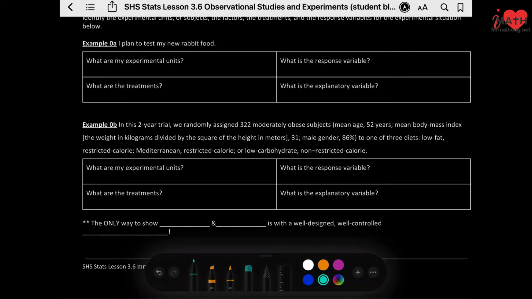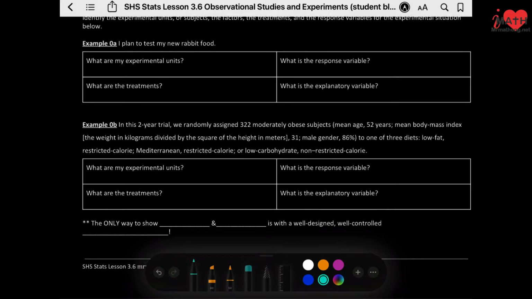What does it mean to be moderately obese? You use the body mass index, BMI, where the weight in kilograms or pounds is divided by the square of the height in meters or inches. And the BMI rating would be 31. 86% of the 322 are male.